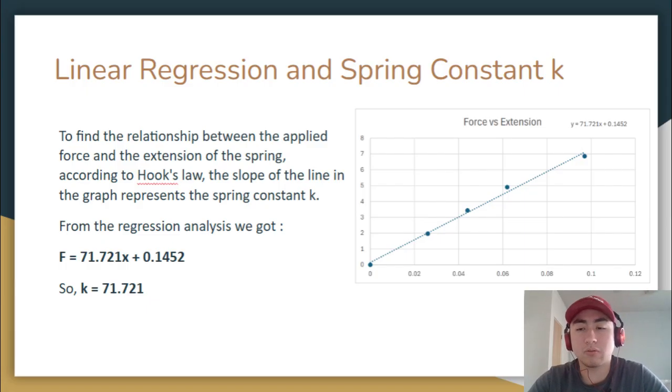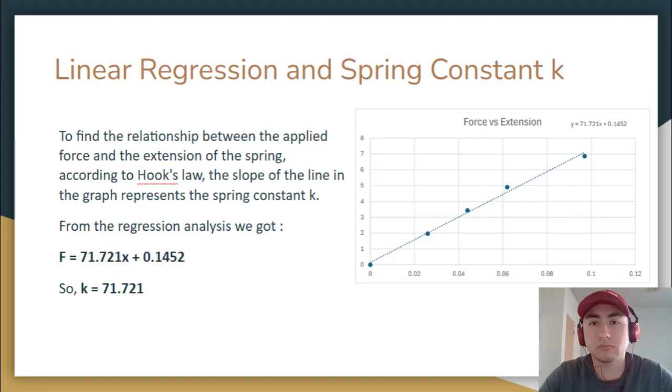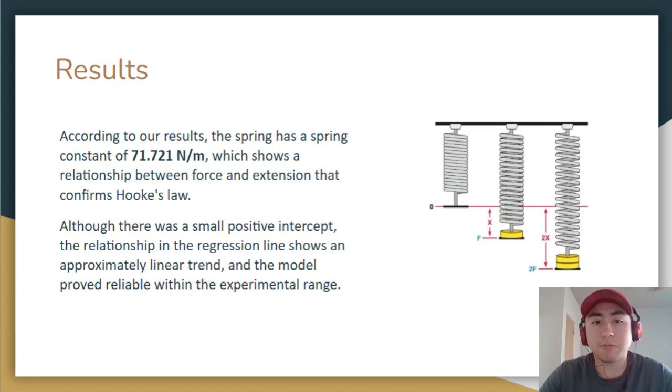So k is equal to 71.721. According to our results, the spring has a spring constant of 71.721 newtons per meter, which shows a relationship between force and extension that confirms Hooke's law.